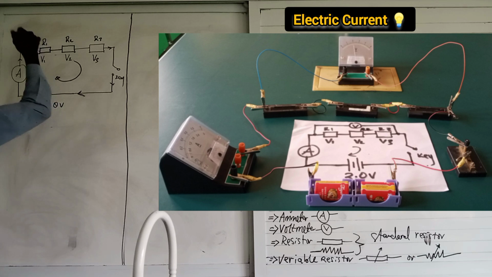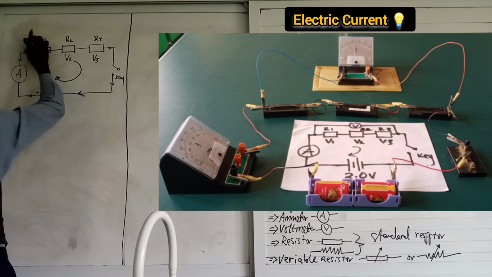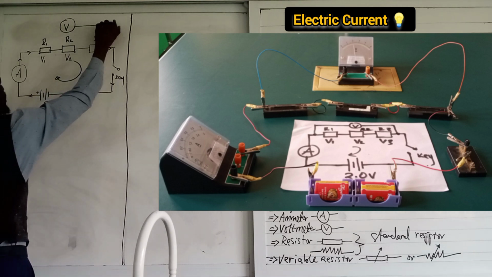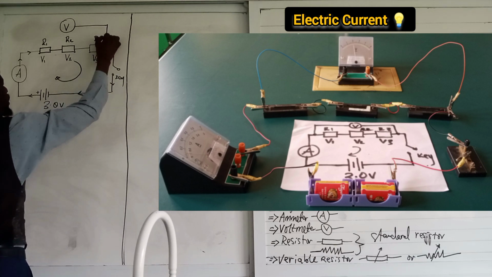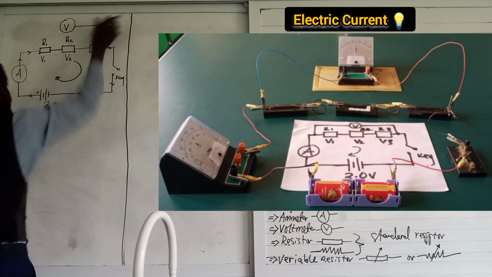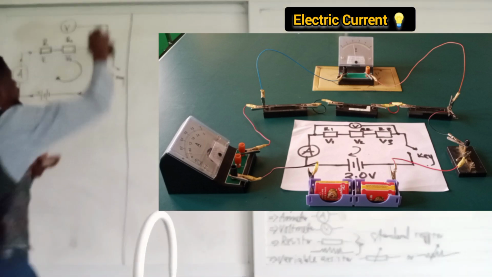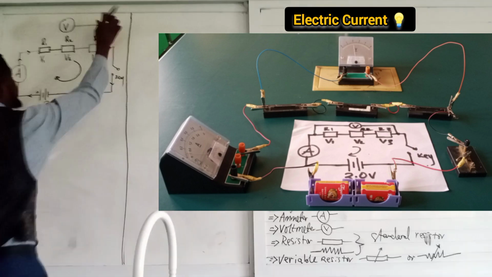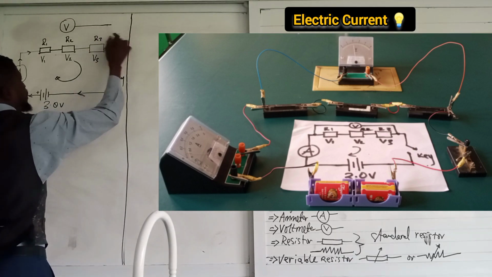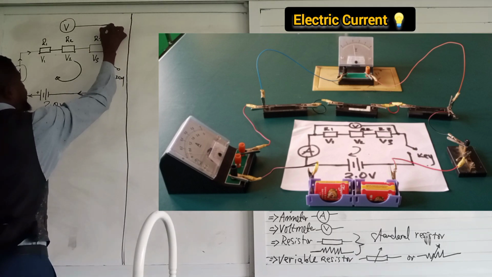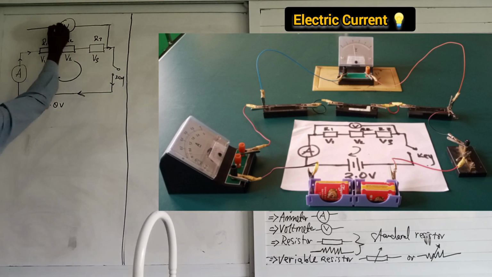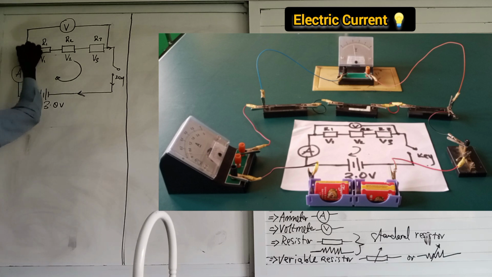So if you connect a voltmeter across these resistors, this voltmeter will read... remember, the voltmeter is always connected across the resistor.